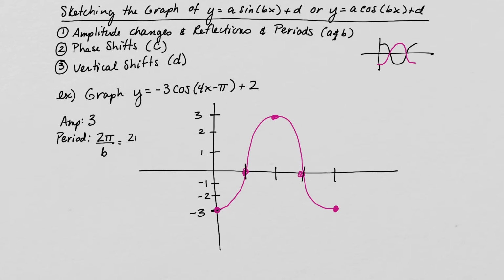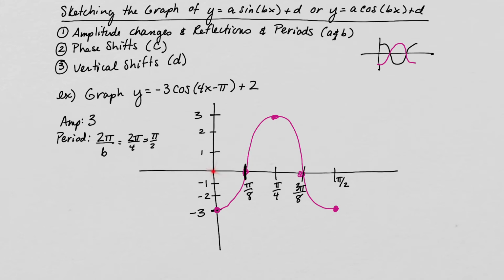In our case, it's 2 pi over 4, or pi over 2. So out here, this is pi over 2. Remember the way we found these slots on the axis: this would be 1/4 of that, so it's pi over 8. This is 1/2 of it, so pi over 4. And this is 3/4 of it, so 3 pi over 8.